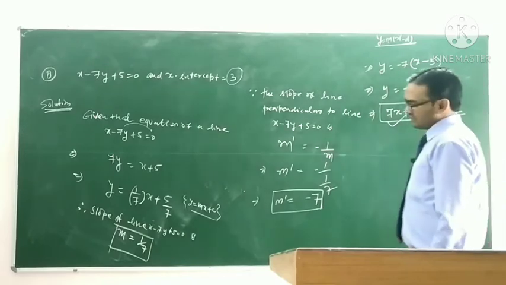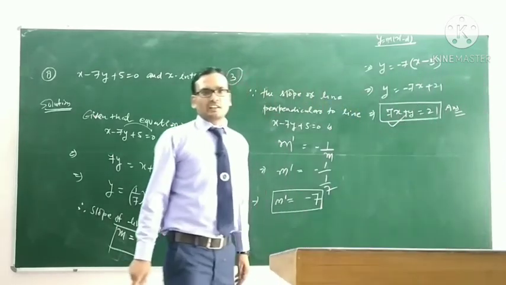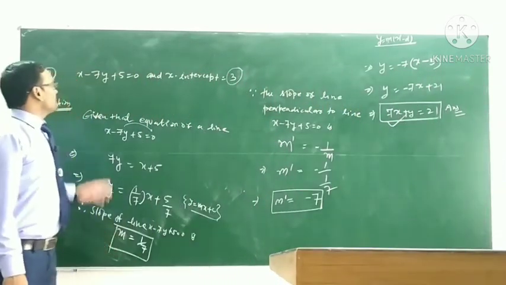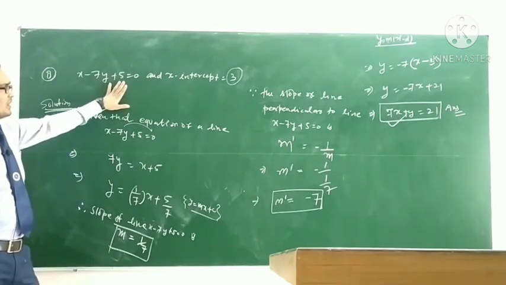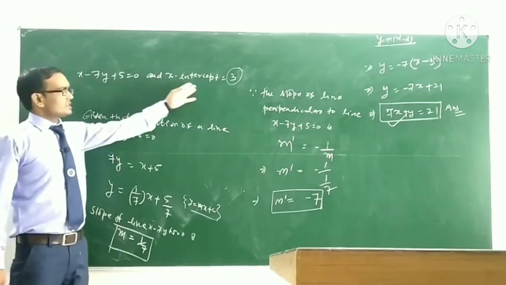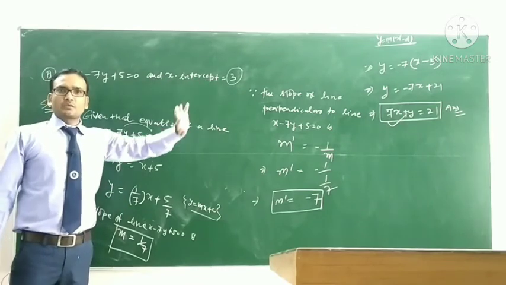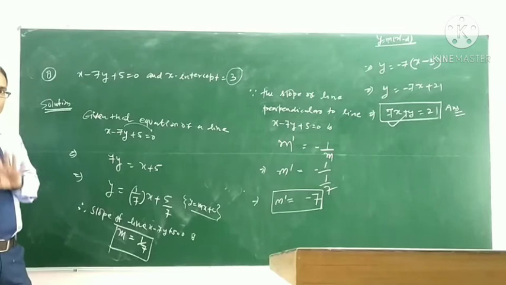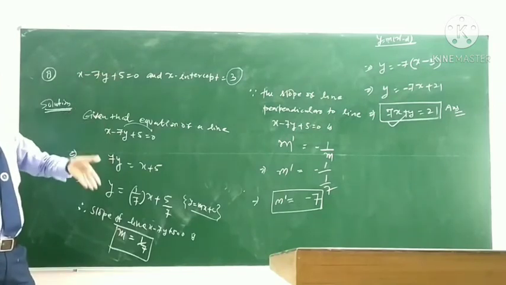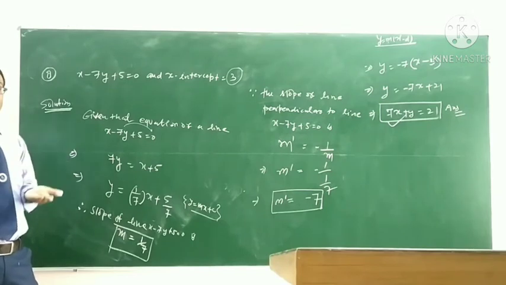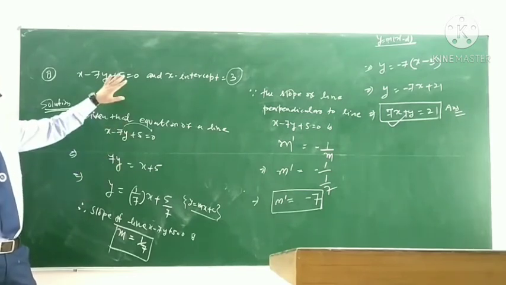This is the equation of the line perpendicular to the line x minus 7y plus 5 equal to 0 and having the x intercept 3. Okay students, first of all we find the slope of this line. Then we also find the slope of the line perpendicular to this line.